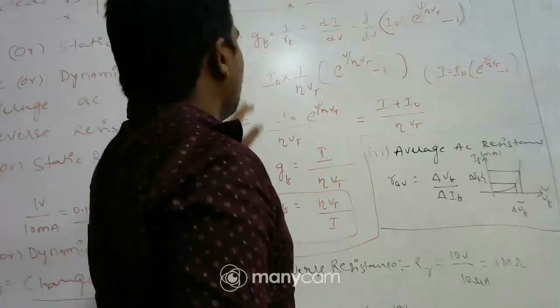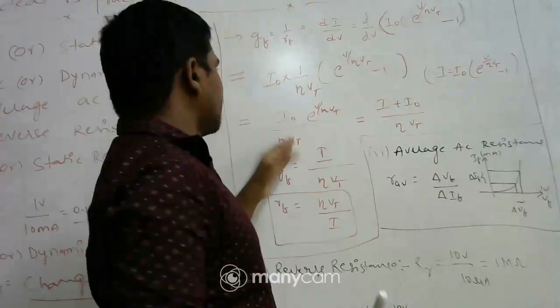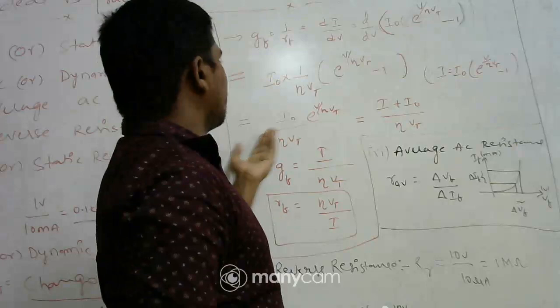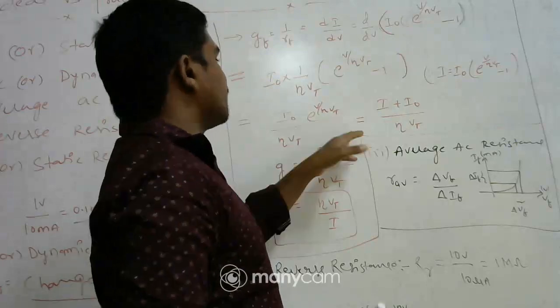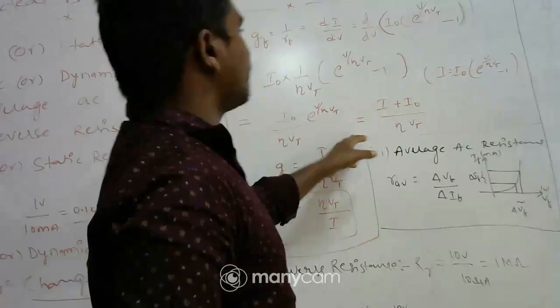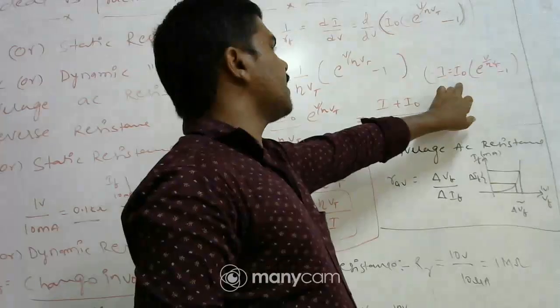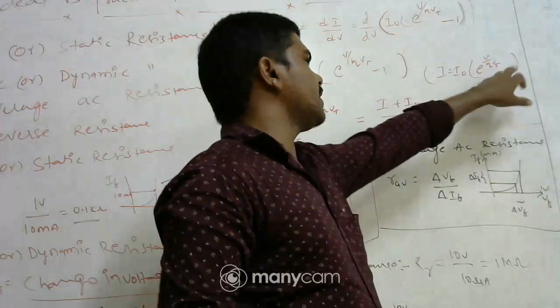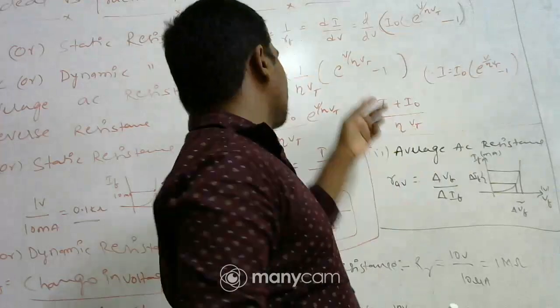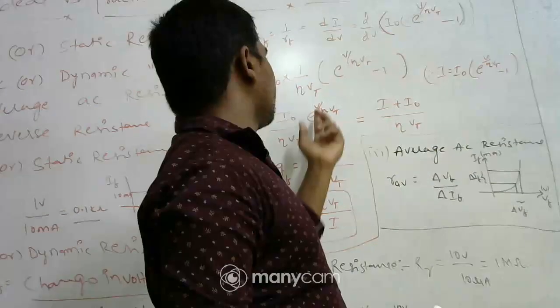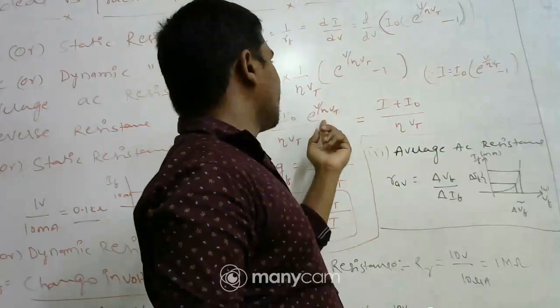After calculation, we get I naught into e power of V by neta Vt, divided by neta Vt. Multiplying I naught inside, we can write this as I plus I naught, by neta Vt.